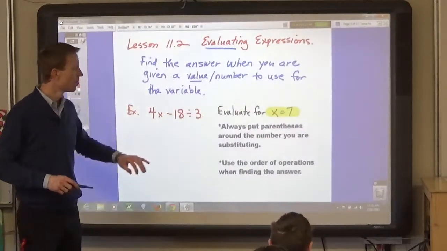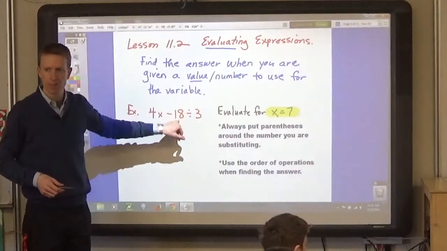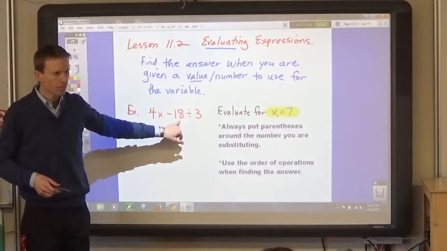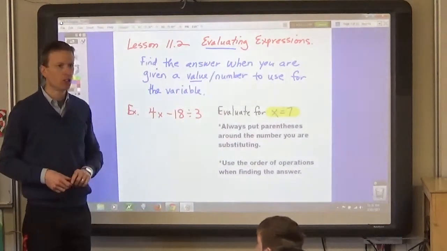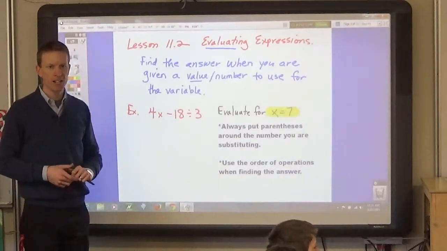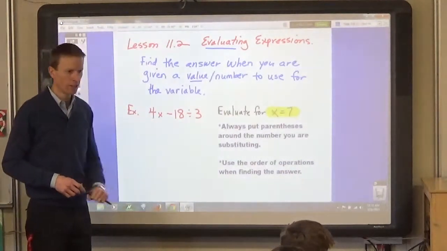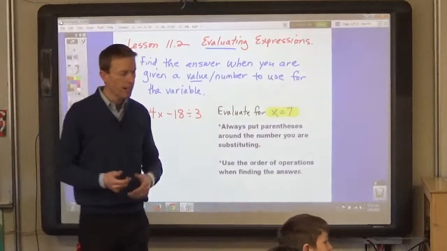Now, you're going to be given a value for the variable in the expression. You're going to be given a number to use in the expression so that you can find an answer. Your answer isn't just going to be the expression, but you'll be able to find an answer.